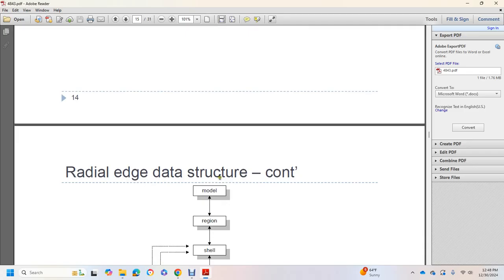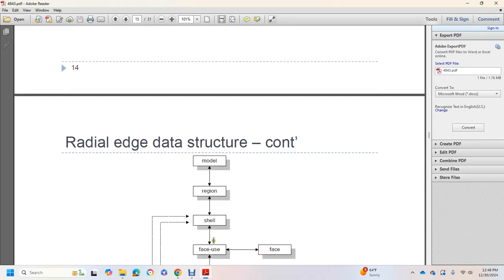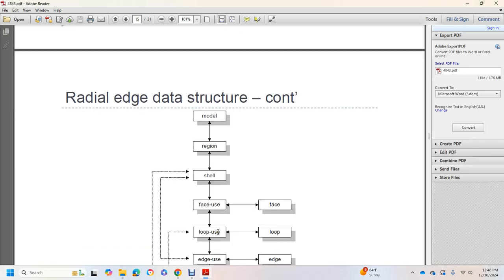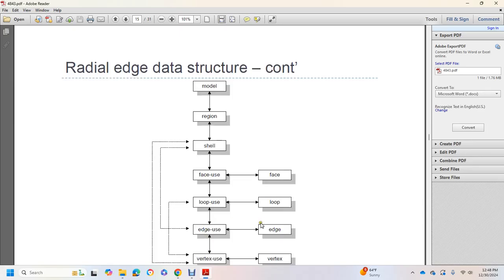The radial edge data structure shows model to region, region to shell, shell to face use, face use to loop use, loop use to edge use, and edge use to vertex use.